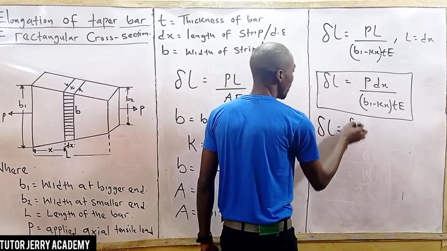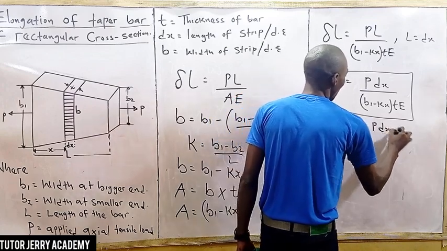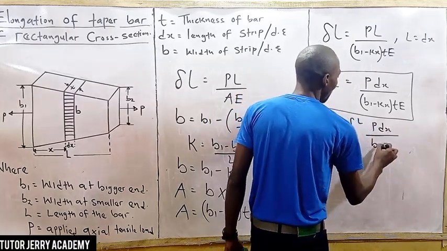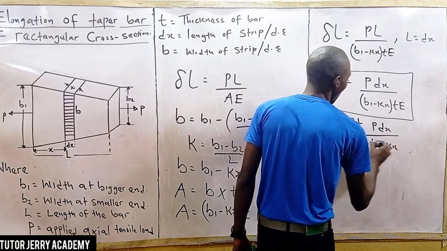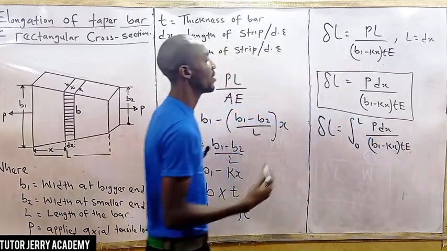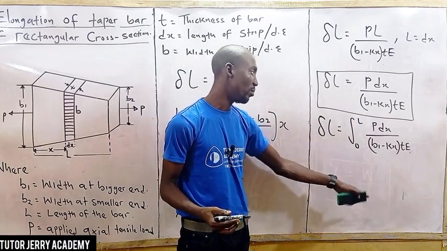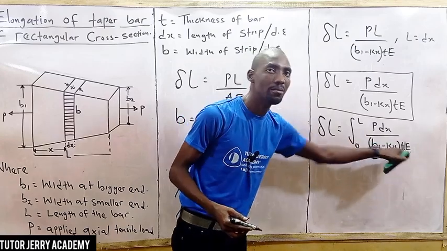The L will be equal to the integration from 0 to L of P dS all over B1 minus KS, all over T E. You can see we are integrating with respect to S, so P all over T E becomes a constant.